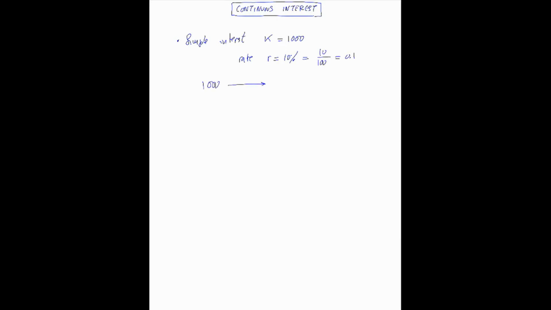Interest rates are always expressed annually. So you invest this for a year, and this gives you 10% of 1,000, which is 100, and that's the interest.